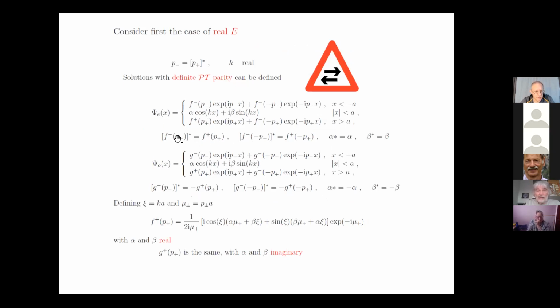And in that case, the condition for having a PT even solution means these three or four equations. This means that alpha and beta, which appear here, should be real. And out of the four f functions, two should be pairwise correlated in a way. The same is valid for odd solutions.